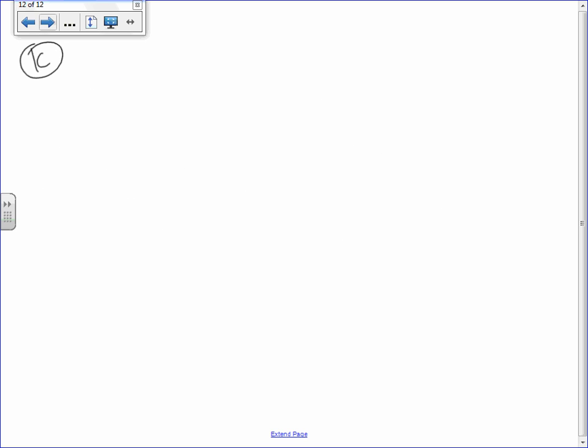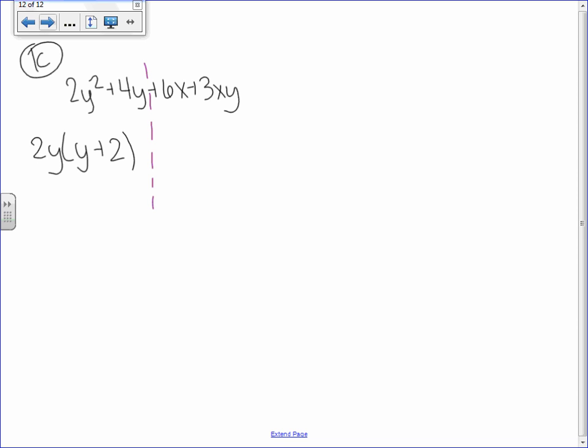Moving on to 1c, they give me 2y squared plus 4y plus 6x plus 3xy. Again, draw my line down the middle. My left side GCF is going to be 2y, and when I pull a 2y out, I'm left with y plus 2.